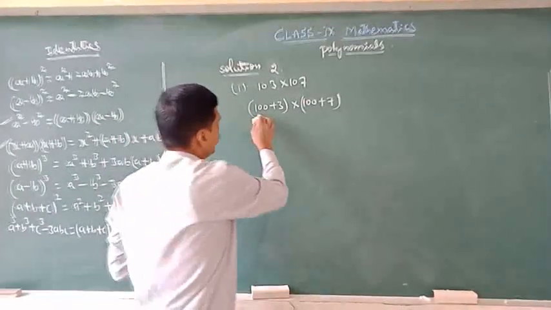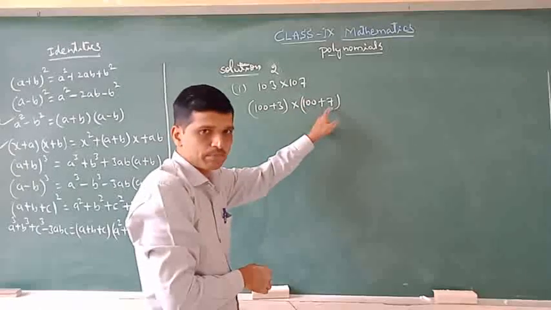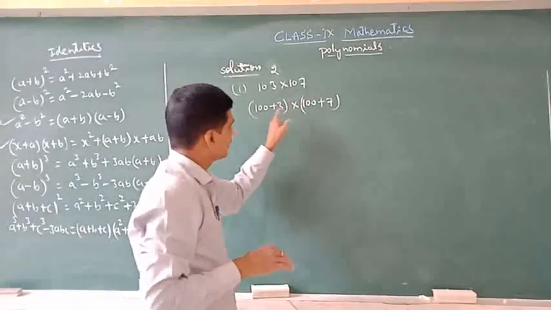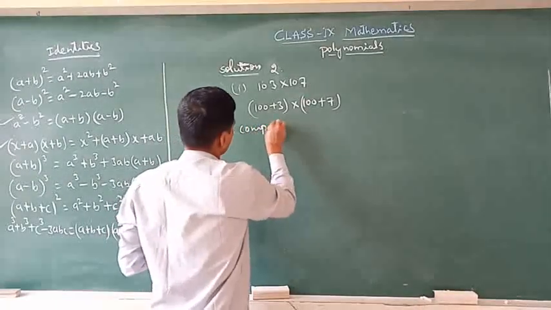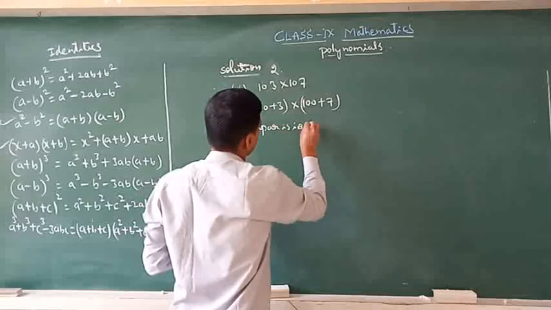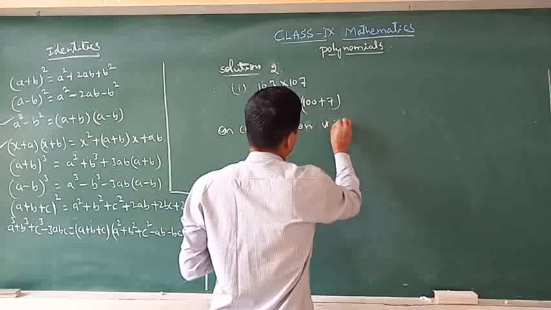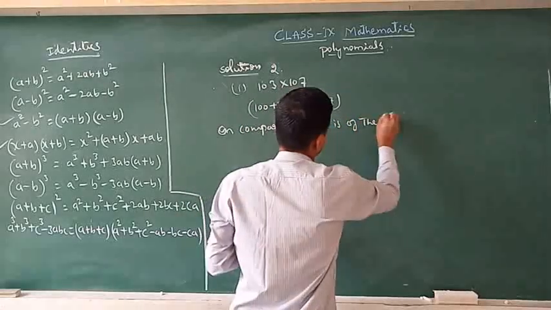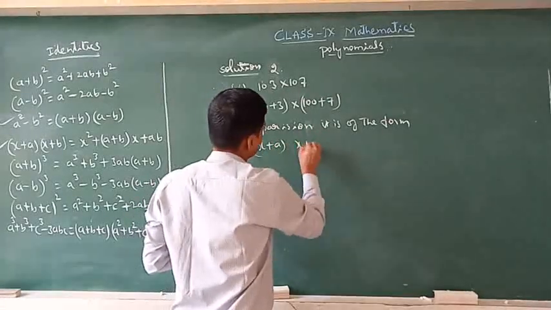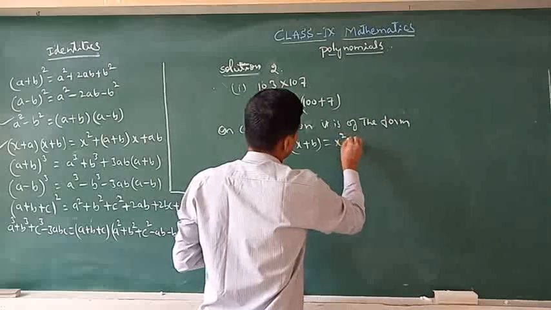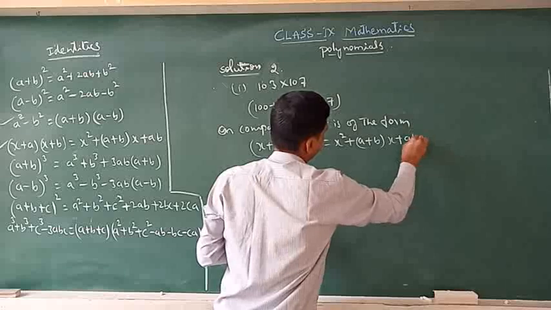Now, of course, it is (x + a)(x + b) or (a + b)(a + b), but b is not the same here. Here is a, here is a. Therefore, on comparison, it is of the form (x + a)(x + b) = x² + (a + b)x + ab.